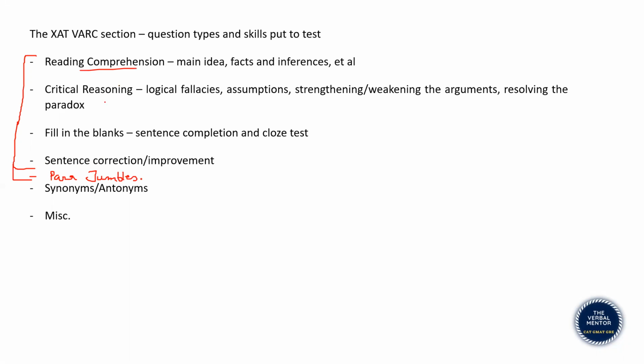Of course, RC, the backbone of any VRC section, any exam, critical reasoning. The difference between critical reasoning questions on CAT and on ZAT is that they are not a subset of RC in ZAT. So you will have separate CR questions.